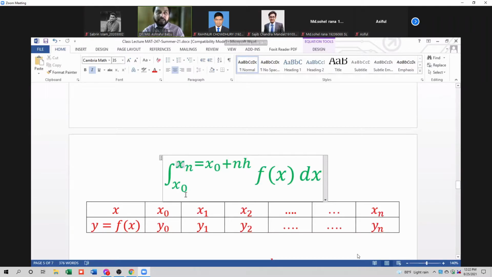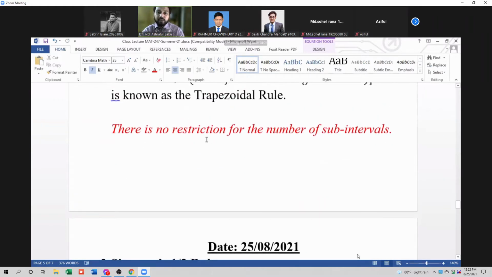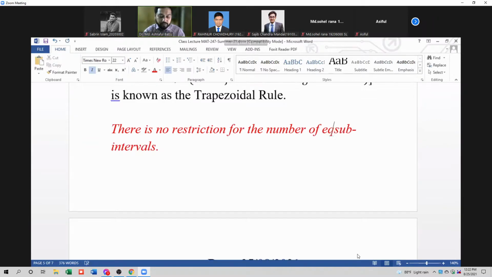You can create an even number of subintervals or an odd number. It doesn't matter. So I have to write there is no restriction on the number of subintervals, and they must be equal subintervals.